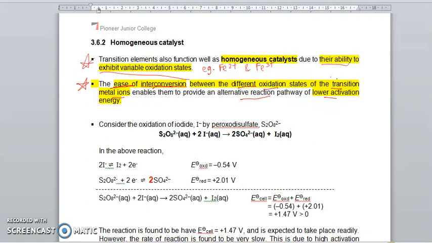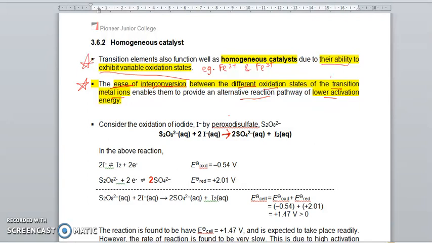So let's take a look at a concrete example, the oxidation of iodide ions by peroxydisulfate, S2O8 2-. This reaction is extremely slow without the presence of a catalyst. Are you able to think of the reason? The reason is quite simple.